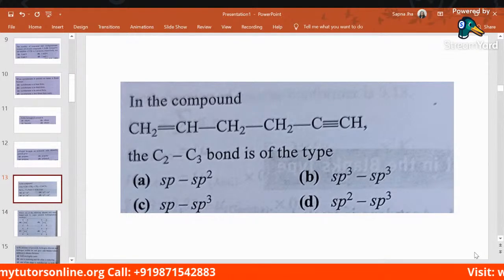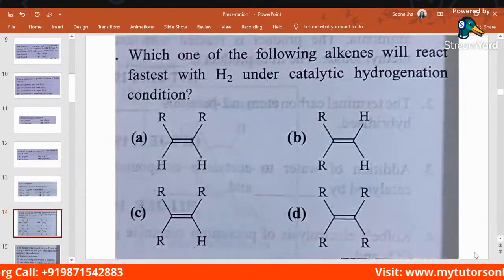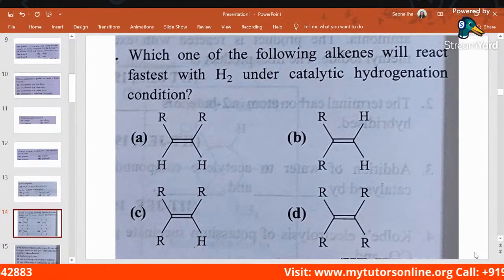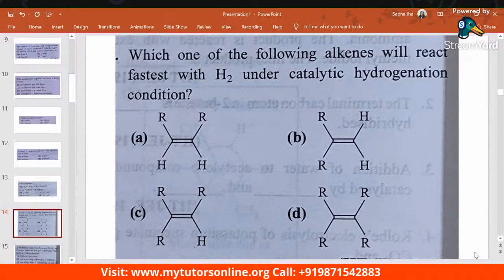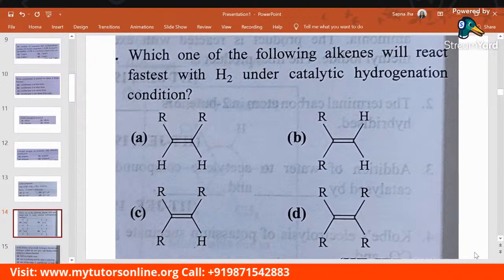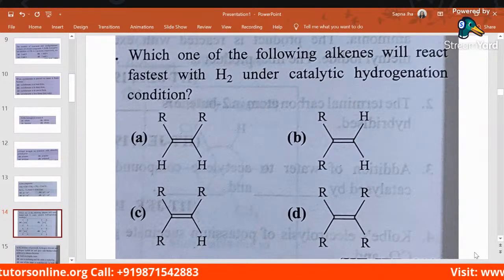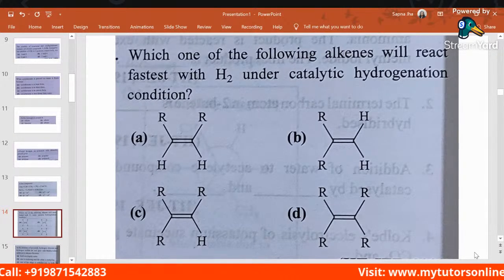Okay. So next question here now is, which of the following alkenes will react fastest with H2 under catalytic hydrogenation condition?